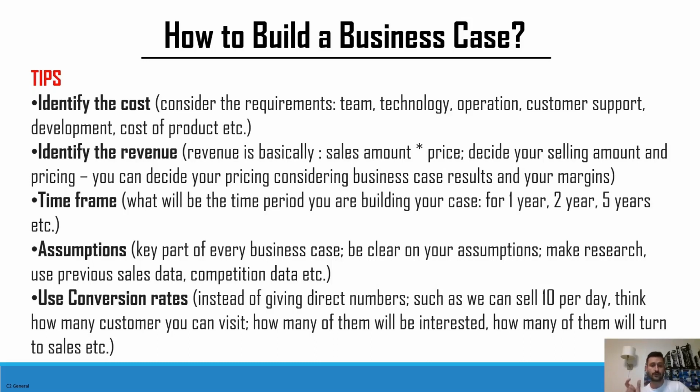This is your conversion rate. So 10% of 1,000 visits, 100 customers will be interested. Out of these 100 customers, I can sell my product to 15% or 20%. So my sales amount will be 15 or 20 at the end of the day.